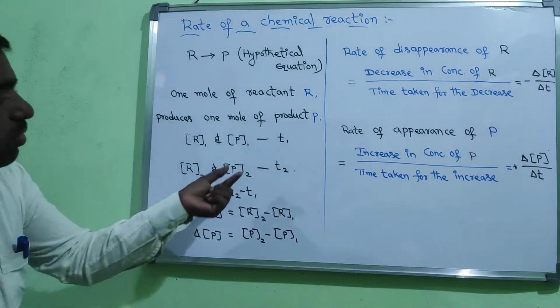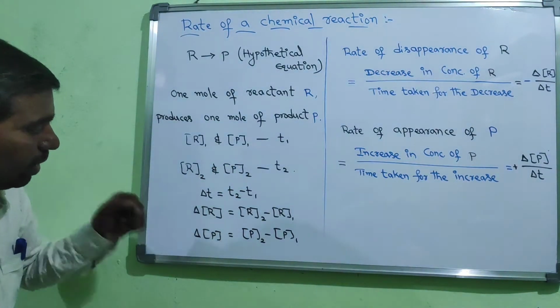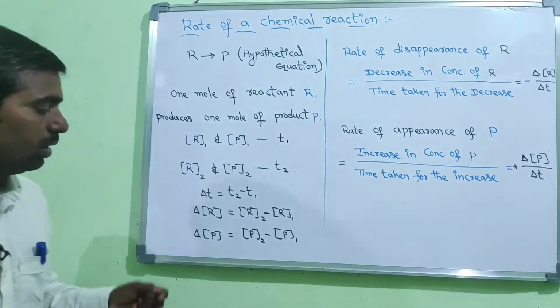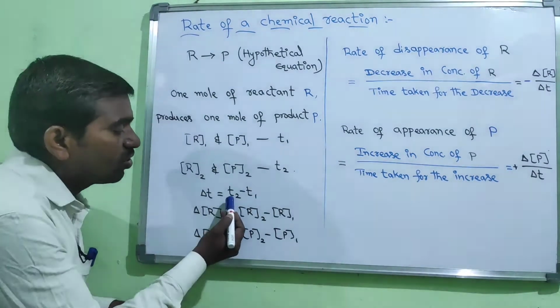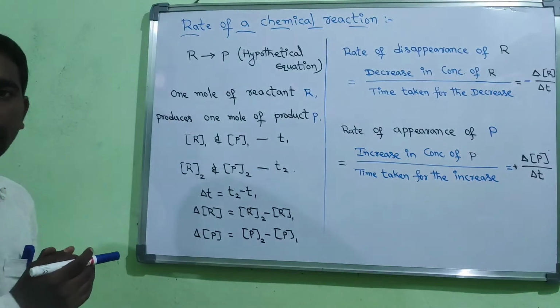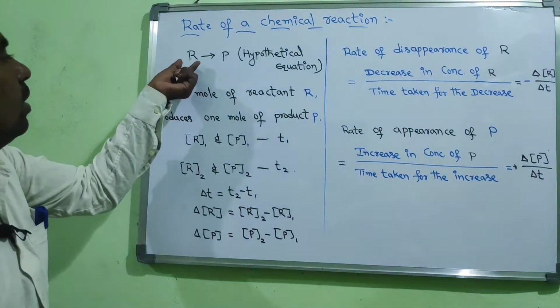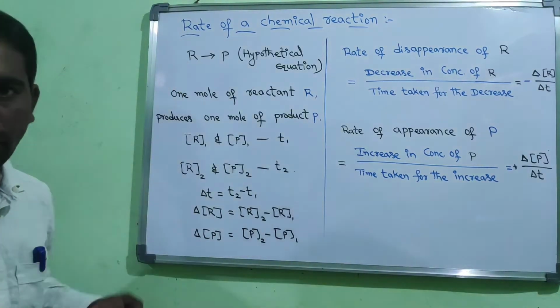So here the change in the time I have written, that is delta T equals T2 minus T1, and when the time changes, the change also occurs in the concentrations of the reactant.